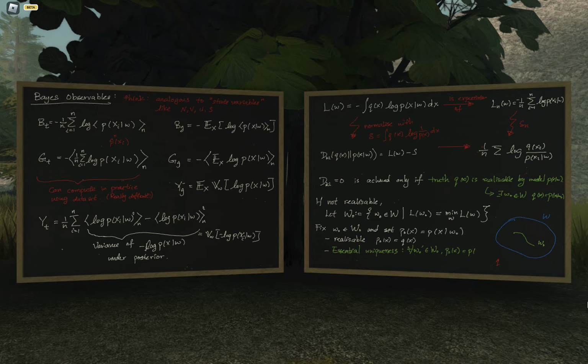Otherwise you could have different distributions achieving the same KL divergence between the distribution and the truth, but we don't want that to happen, at least in the set of optimum distributions. So this is called essential uniqueness, and we will assume this throughout this paper.